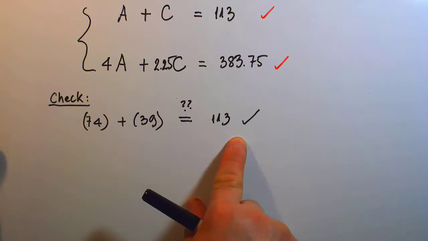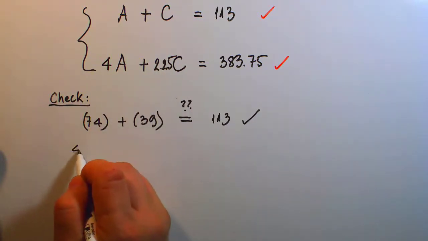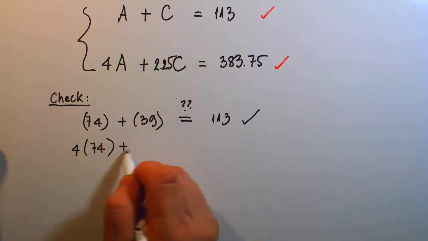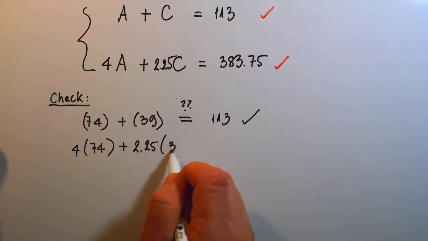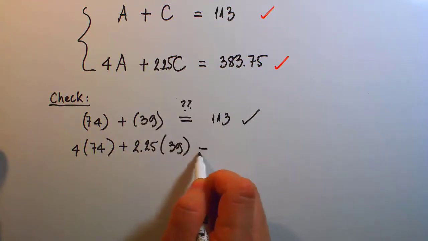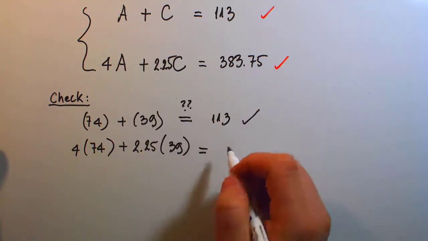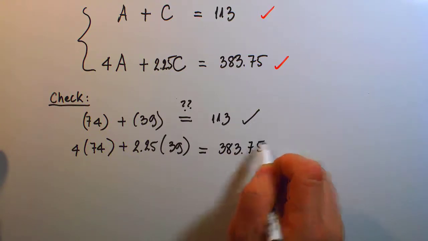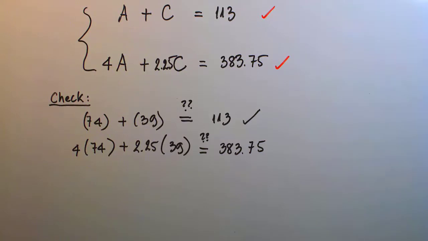However, we still need to check the next equation. So 4 times 74 plus 2.25 times 39. We have to also make sure that it equals 383.75. Once again, for now I'm putting a question mark there simply because I haven't done the calculation.